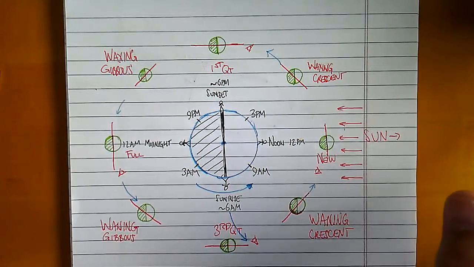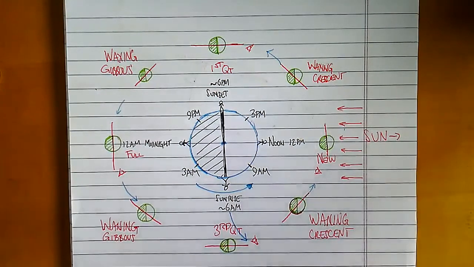You can give this a try by taking a volleyball and holding it up in the palm of your hand, in a dark room with just one source of light, and imagine your head being the Earth and the ball being the moon.